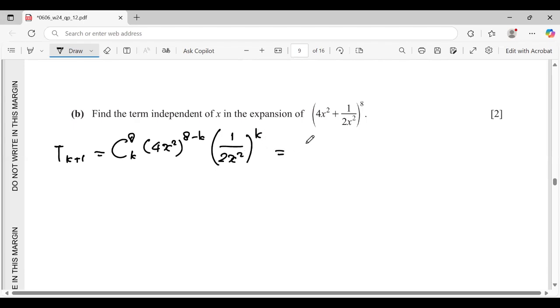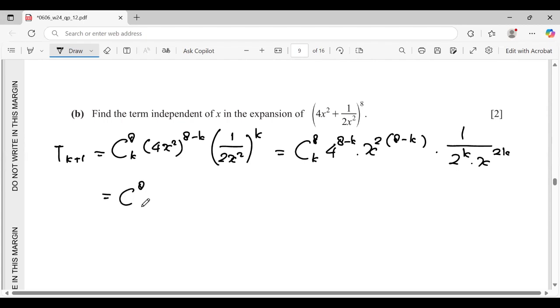So it becomes the combination 8 k, 4 to the power 8 minus k times x to the power 2 times 8 minus k, times 1 over 2 to the power k times x to the power 2k, because 1 to the power k is 1.